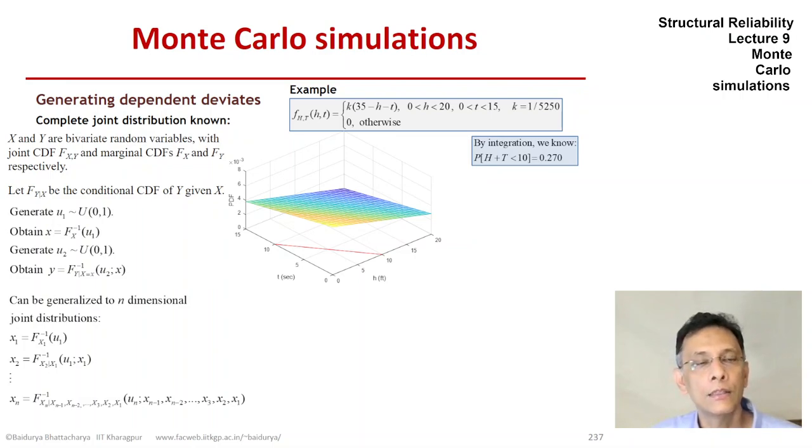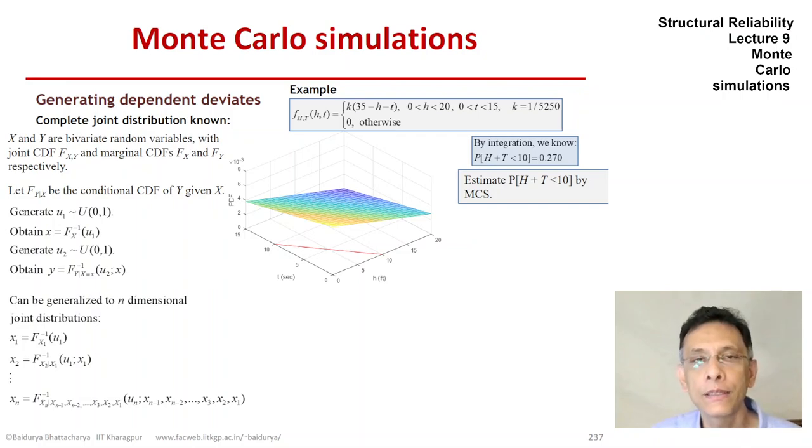So the probability content over the region defined by the red line and the triangle that contains the origin. So we found that probability is 0.270. Now our task is to do the same thing, estimate the same probability, but this time using Monte Carlo simulations.